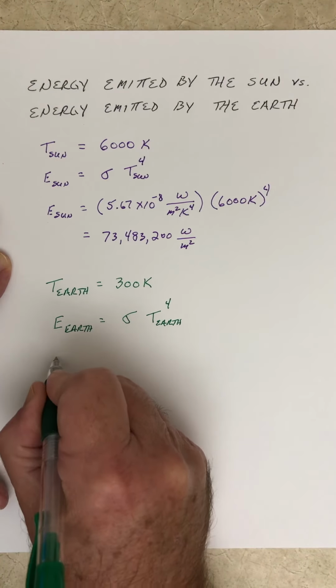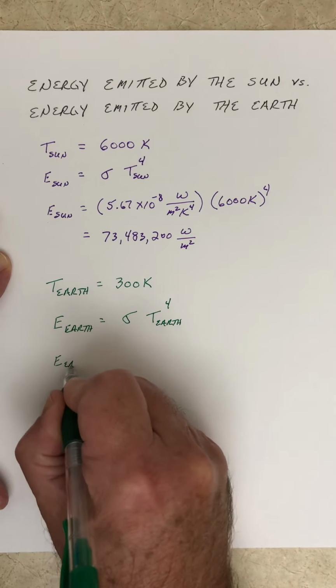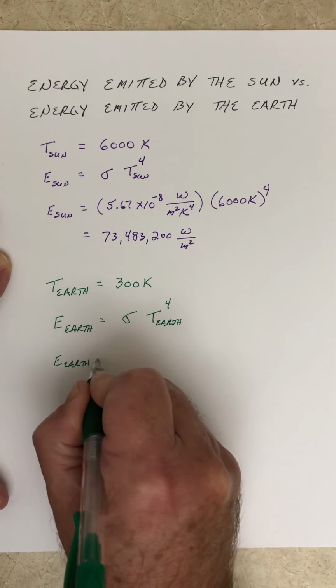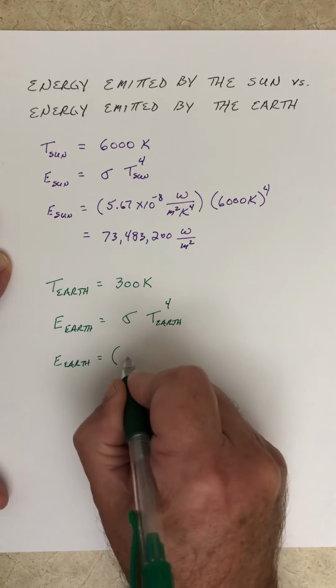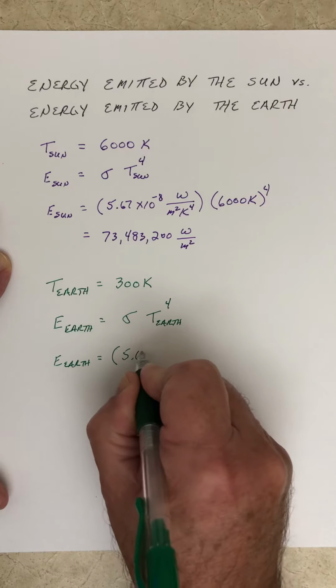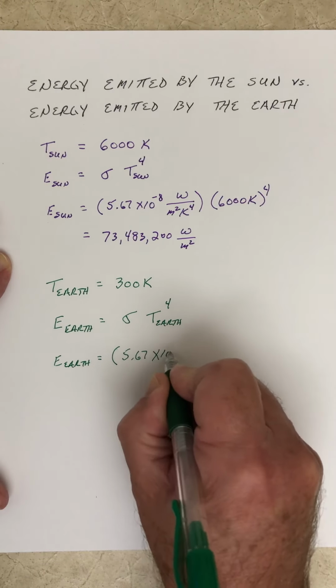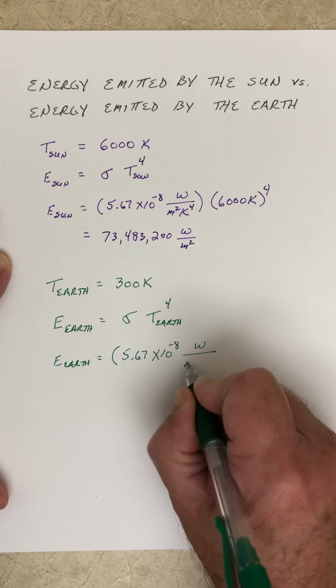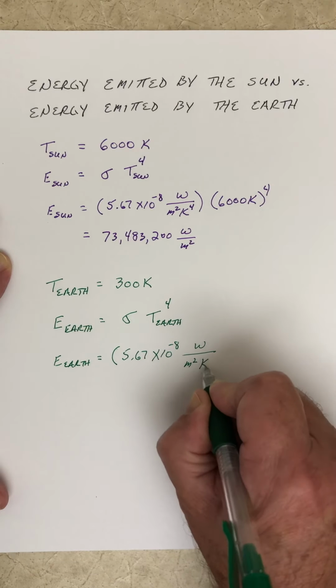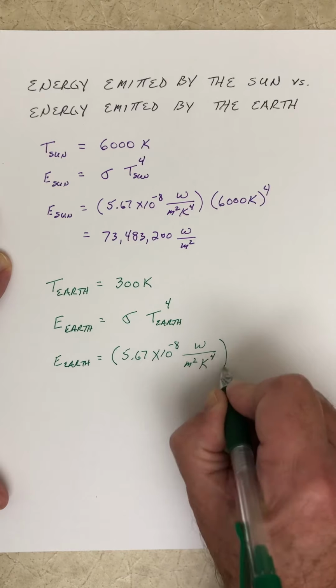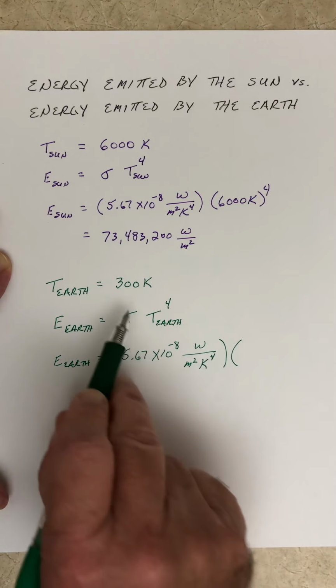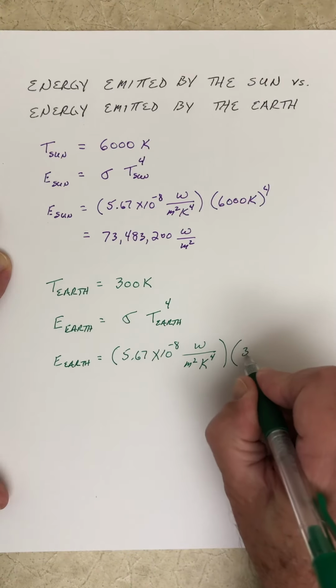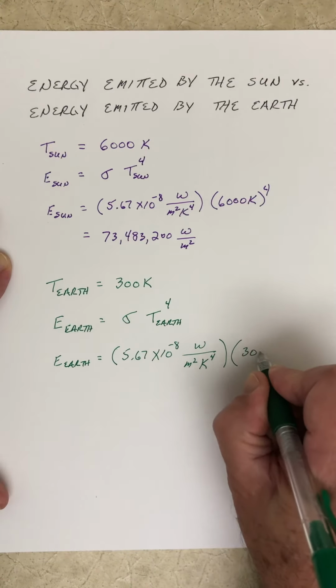So the energy emitted by the Earth is equal to the constant, 5.67 times 10 to the negative 8th watts per meter squared, Kelvin to the 4th power, times the temperature of the Earth, 300 K, raised to the 4th power.